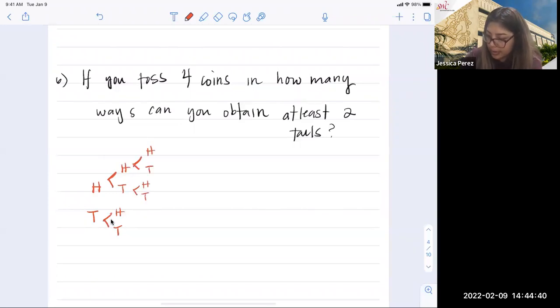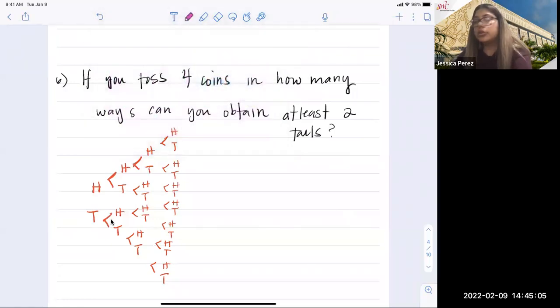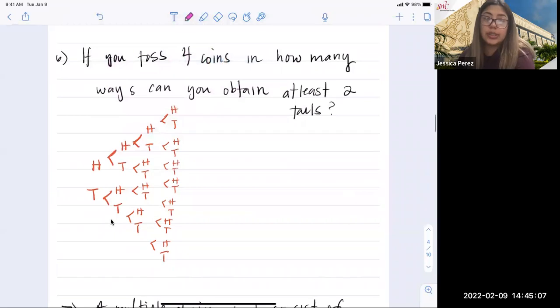It becomes a little bit complicated afterward because you have 2 choices for each. And then last, you're going to end up with 2 to the 4th or 16 choices.